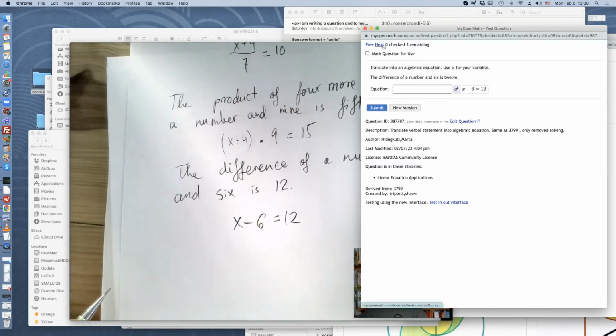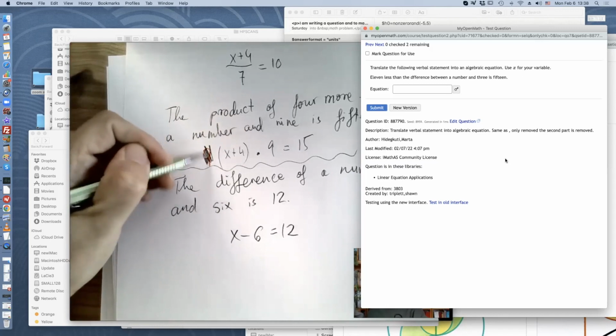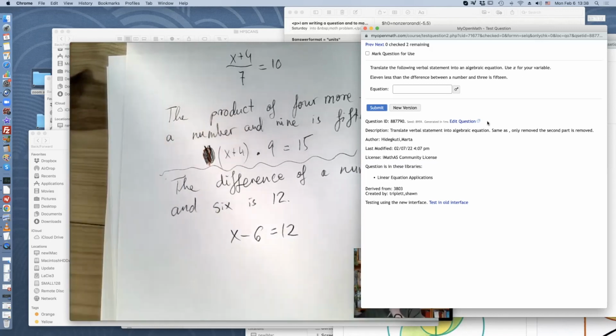Excellent. Next up, 11 less than the difference between a number and 3 is 15. Wait, no, this is fine. 2 correct answers in the chat box.